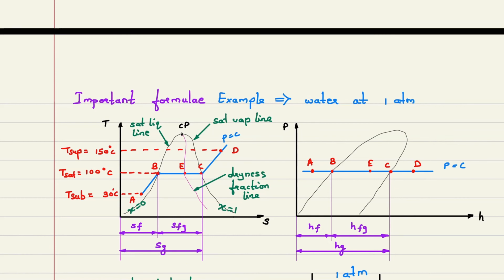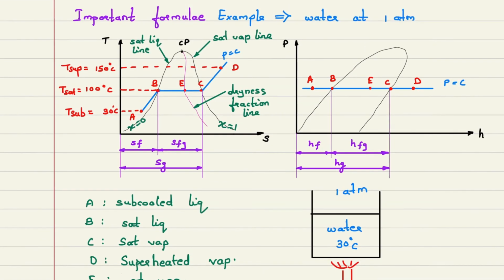Now we have to identify the state, or condition, of the given substance from the data, and we require some logic for how to identify that. Suppose the enthalpy of the given substance is equal to Hg.